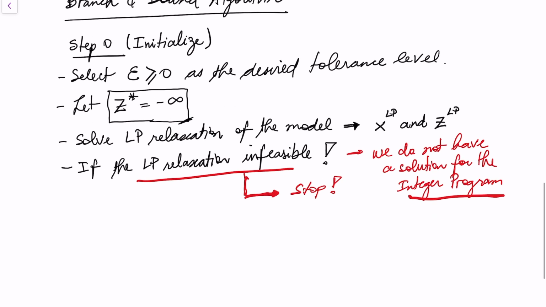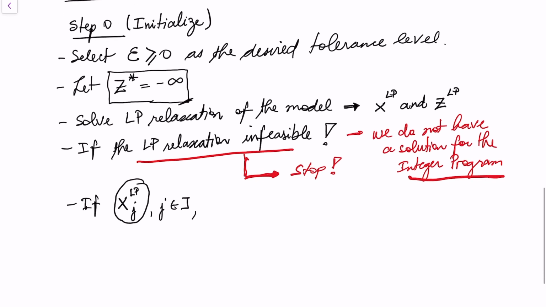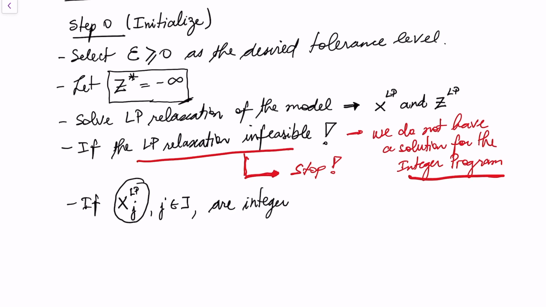However, if we were able to solve that LP relaxation and find a solution for the objective function, defining all the elements of the decision vector, and if all the elements of this decision vector are integer, that means that we were able to find the solution for the integer programming.